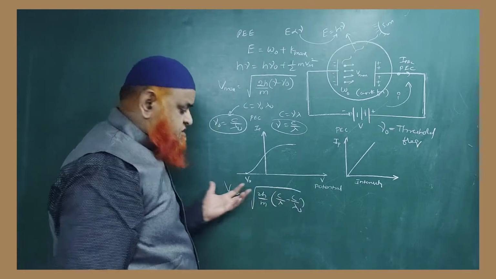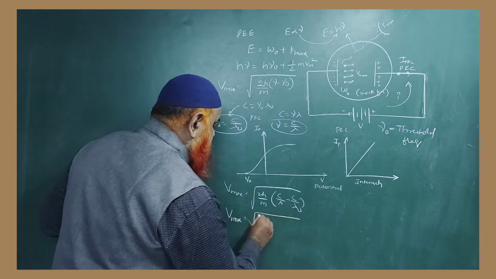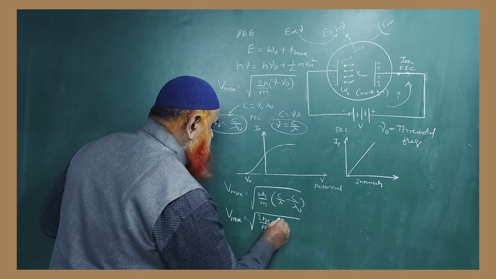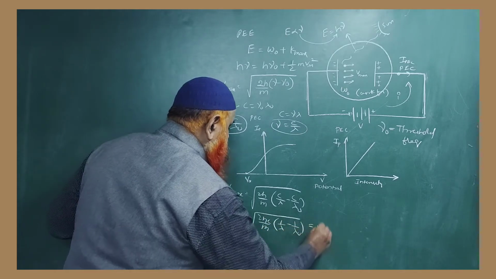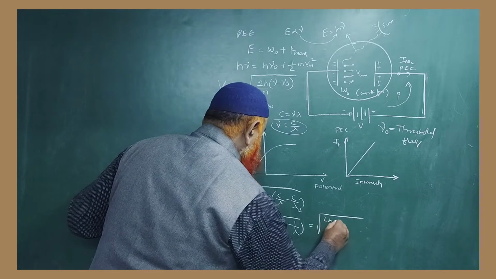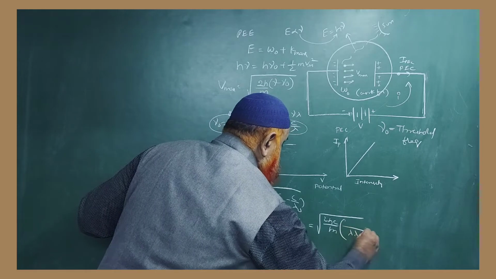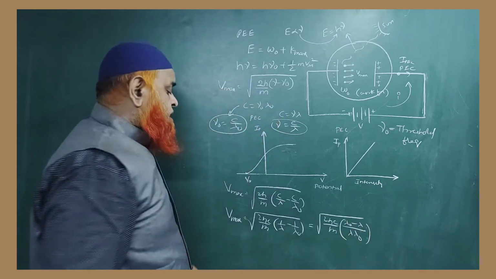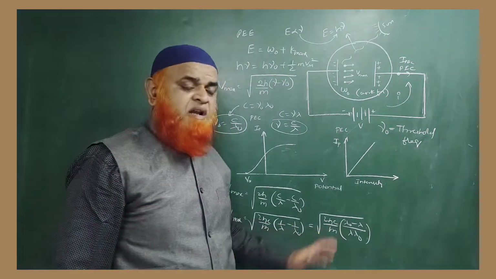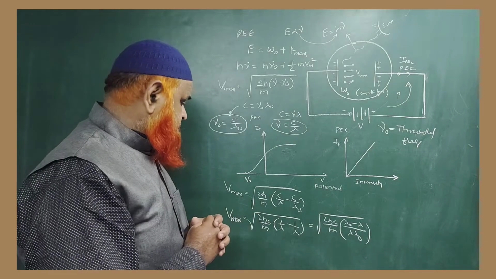Here you can common out c and write V maximum is equal to square root of 2hc by m into 1 by lambda minus 1 by lambda naught. You can also simplify this as 2hc by m into lambda naught minus lambda. In this way you can simplify the equation. So this is the formula for maximum velocity.